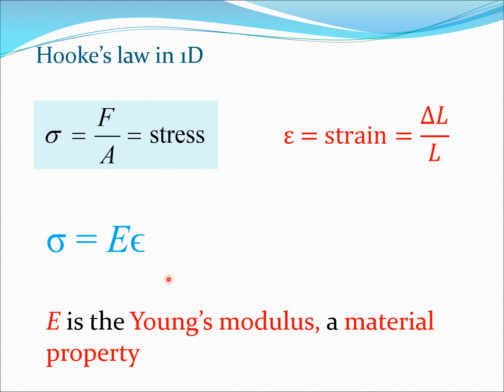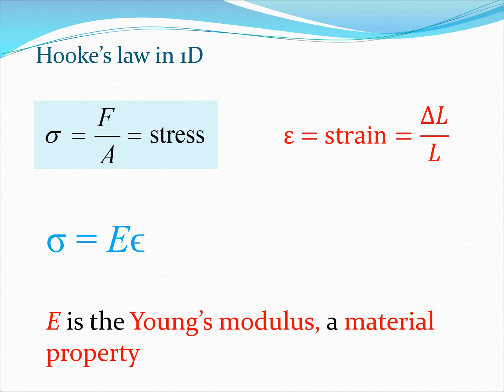It's important to remember that E is the Young's modulus and is a material property, and it comes to us from experiment. Again, remember that we are only talking about the elastic or linear region of this curve, and that is why we can write this very simple linear relation: sigma is E into epsilon. We are subjecting the material only to small levels of stresses and strains, so that lets us stay in this linear region.